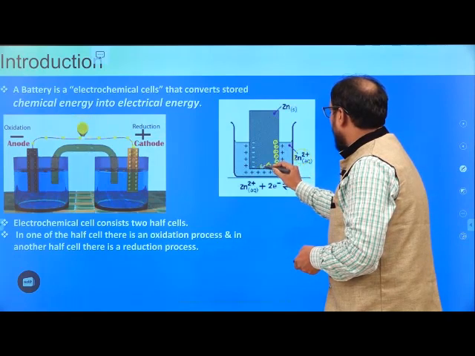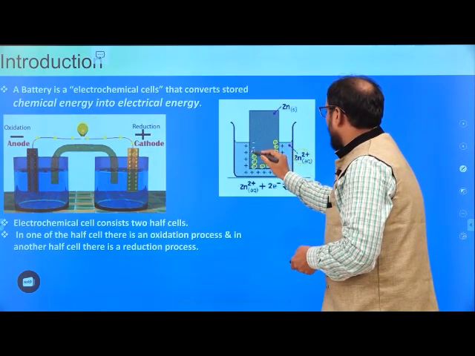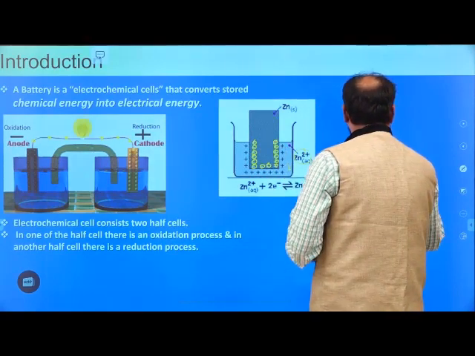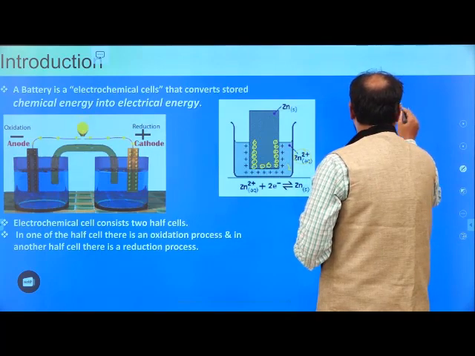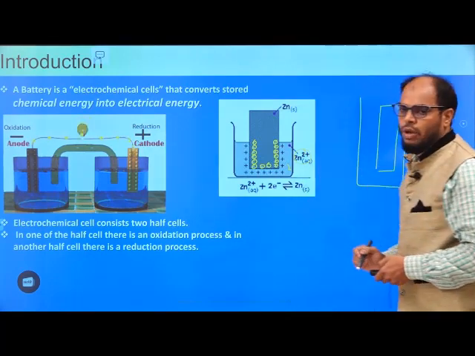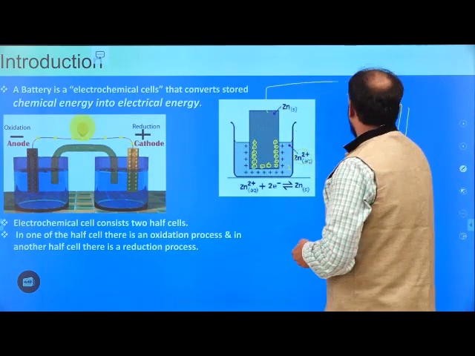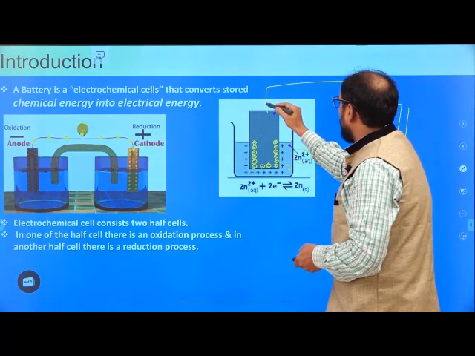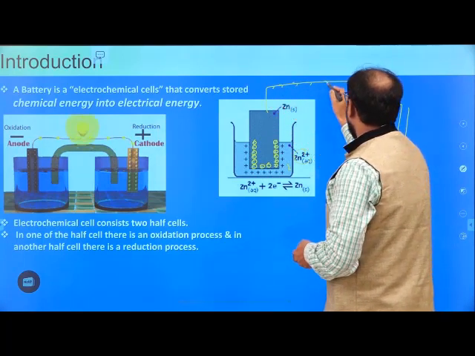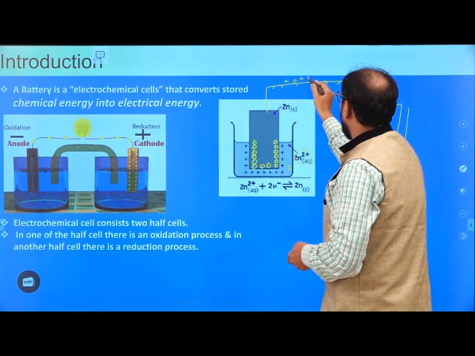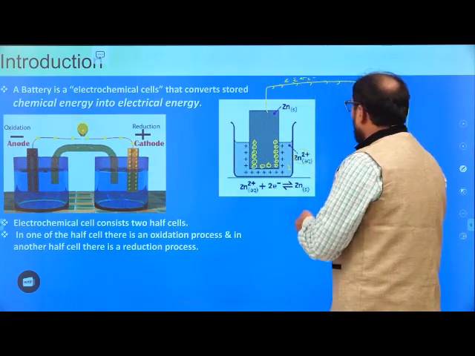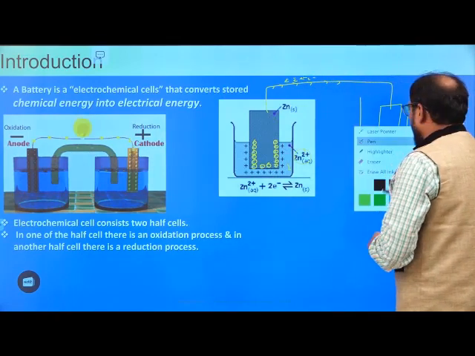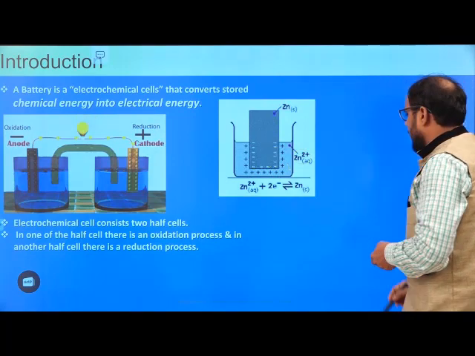Since this metal has more tendency to lose electrons, it cannot lose electrons as such. If I take another beaker with another metal that has more tendency to accept electrons, and connect them using a connecting wire, now zinc, having more tendency to lose electrons, starts losing electrons to this metallic wire. So you can see the electrons moving, and this moving of electrons we call electricity. This phenomenon was well explained by Alessandro Volta.